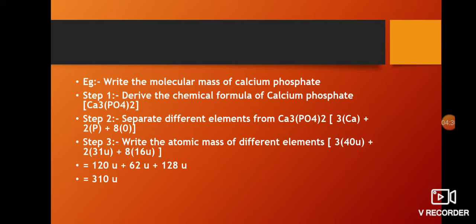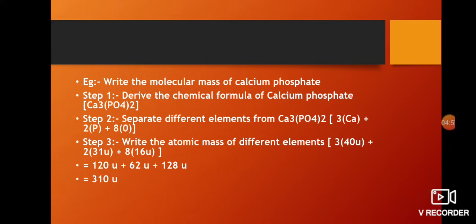What is the first thing? We have to derive the formula of the particular molecule. Then after deriving the formula, we have to separate the different atoms from the formula and write how many atoms are present.